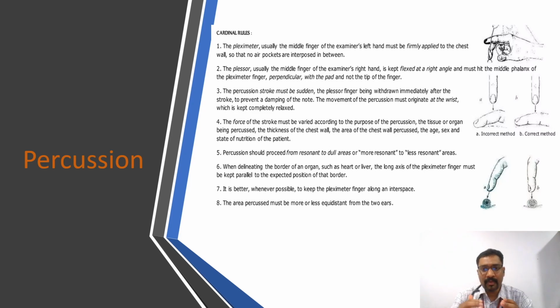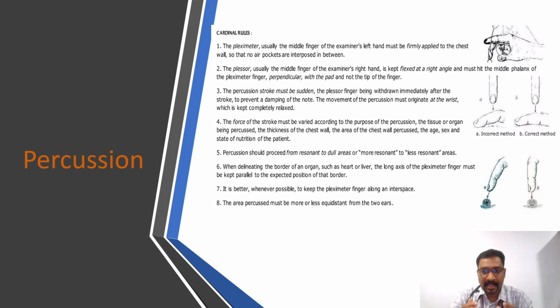It's always important that percussion proceeds from the resonant or more resonant area to the less resonant areas. Whenever you are delineating the border of an organ, such as the heart or the liver, the long axis of the pleximeter finger must be kept parallel to the expected position of that border.